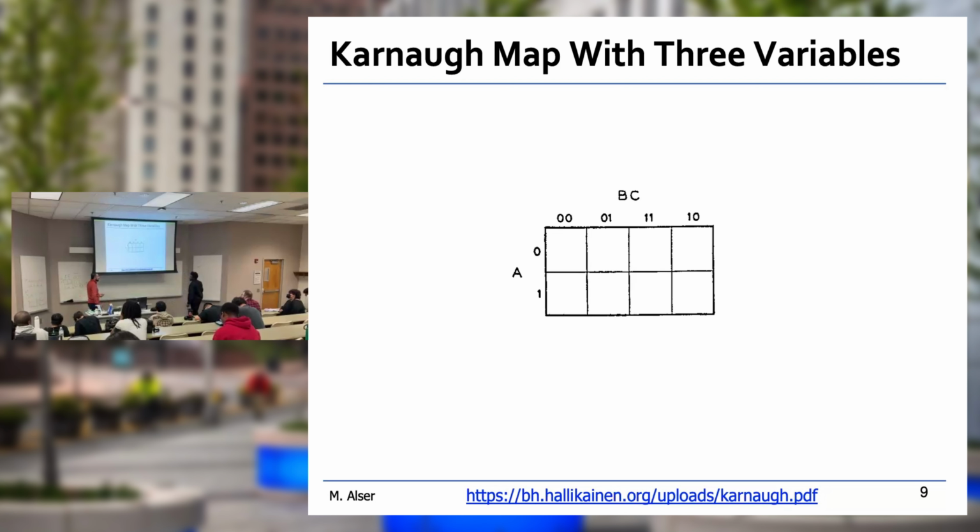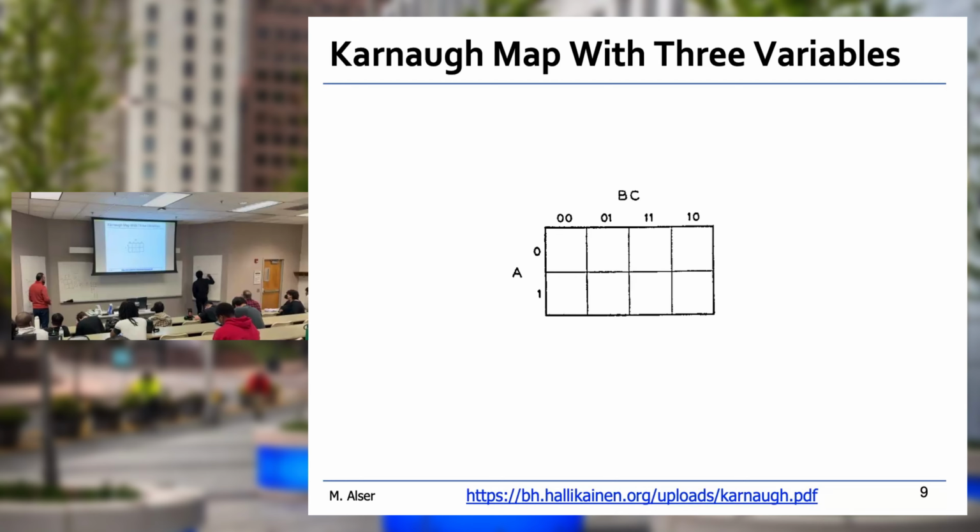Since we have 2 variables at the top, A and B, what are the possible options? What are the permutations for 2? 4, right? So we need 4 cells at the top.